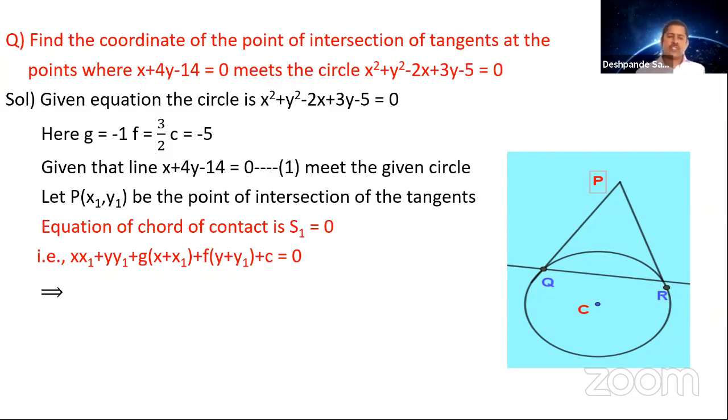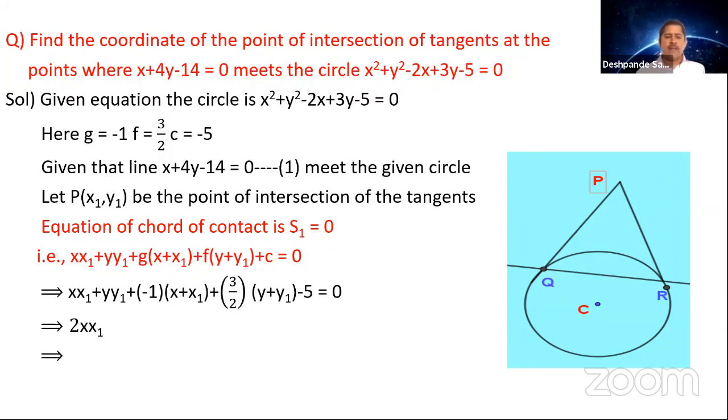So we get xx1 plus yy1 minus 1 into (x plus x1) plus 3 by 2 into (y plus y1) minus 5 is equal to 0. Now see here, you got a 3 by 2 here, so you can take LCM of the entire thing.